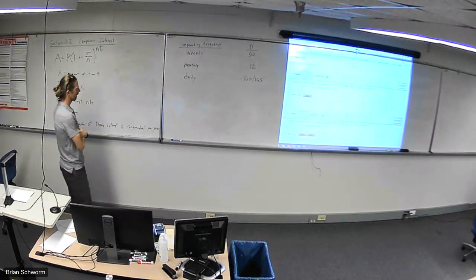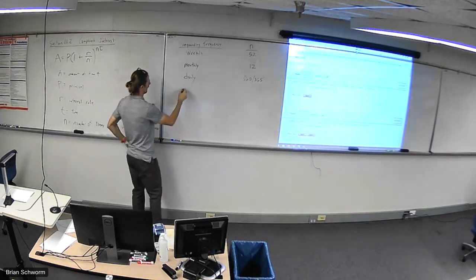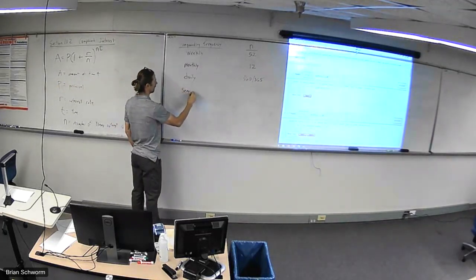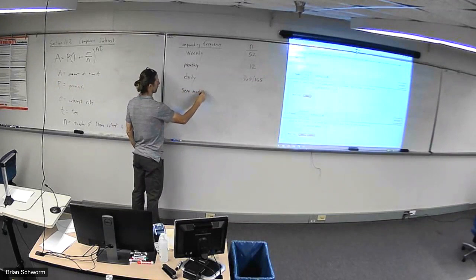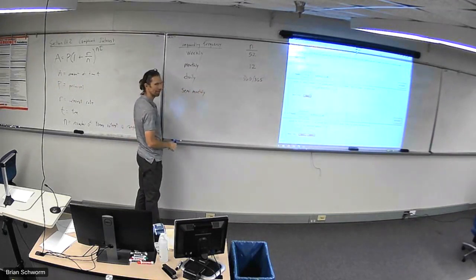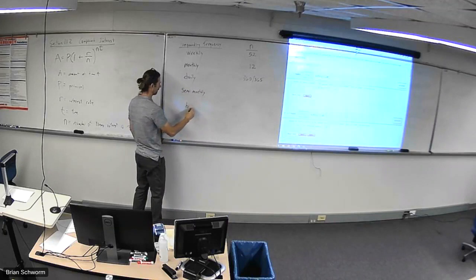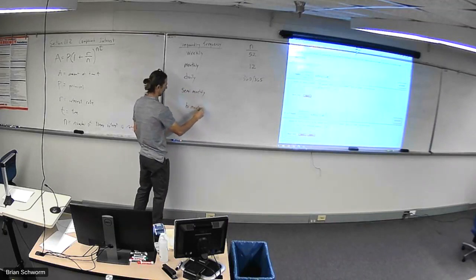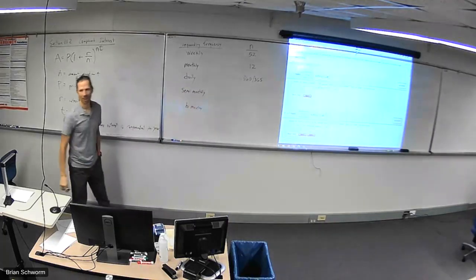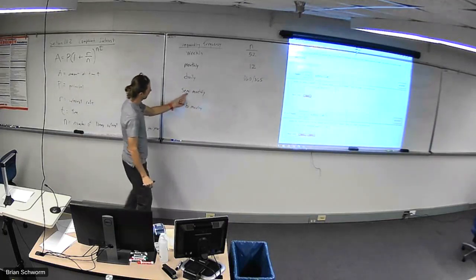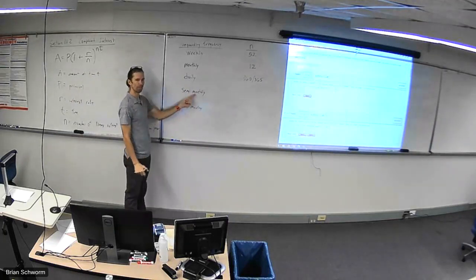Now, some of them can be kind of confusing. Semi-monthly. What would the n be? And in particular, if I compare that to bi-monthly, what would the n be in those situations? Semi-monthly means half a month.